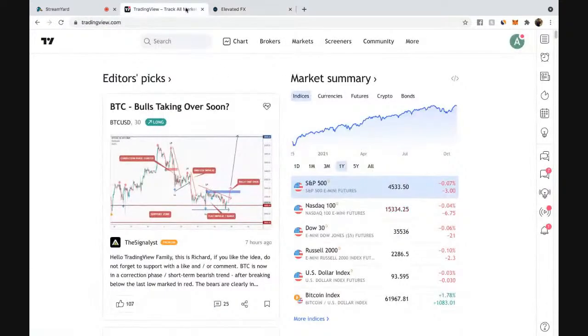Let's get into our TradingView. Make sure you are in the Facebook group.